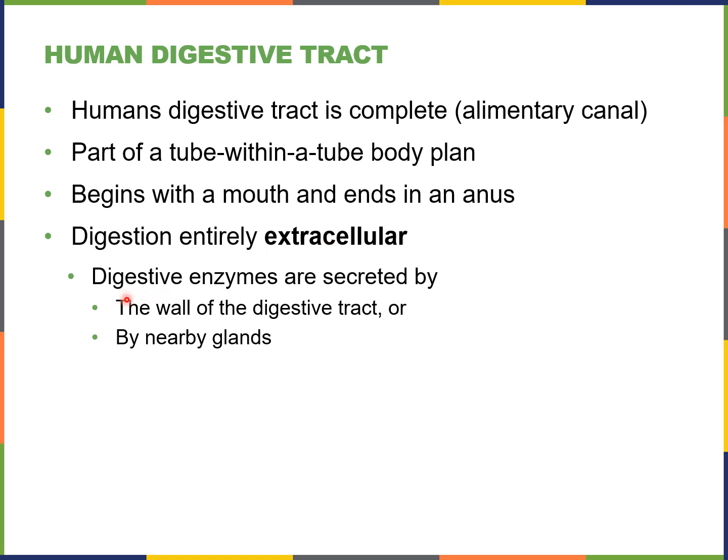And we have a lot going on in digestion. We have things that are being mechanically digested that we'll talk about in a minute, as well as chemically digested. And we have the chemical digestion happening through digestive enzymes, and those digestive enzymes are coming from the wall of the digestive tract or by nearby glands.